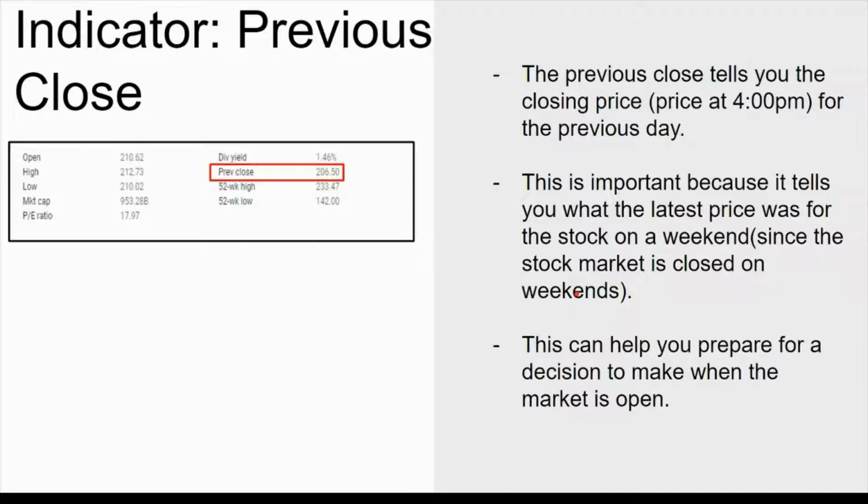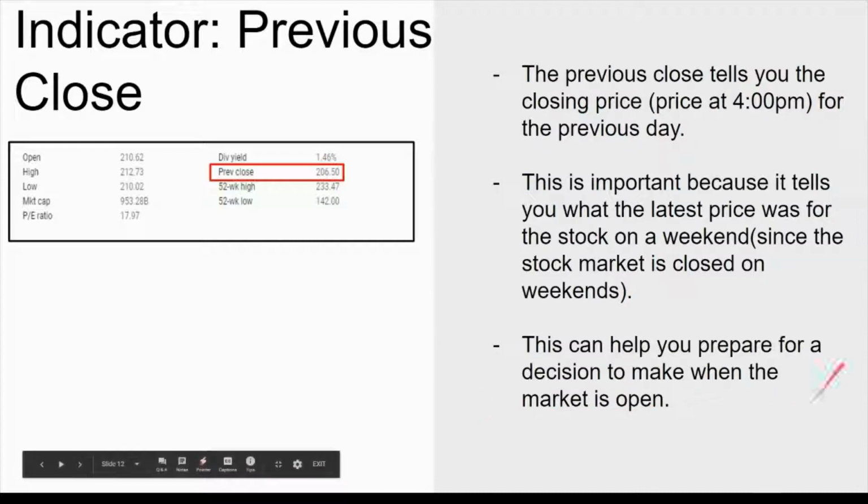So what I'm trying to say by this is that, on Friday, for example, at 4 p.m., the stock may close at a certain price. But you're checking the stock out on a Sunday, but the stock market is closed. So what's going to pop up is the previous close for that stock, which is the stock's price at 4 p.m. on Friday. So this can help you prepare for a decision to make when the market is open on Monday.